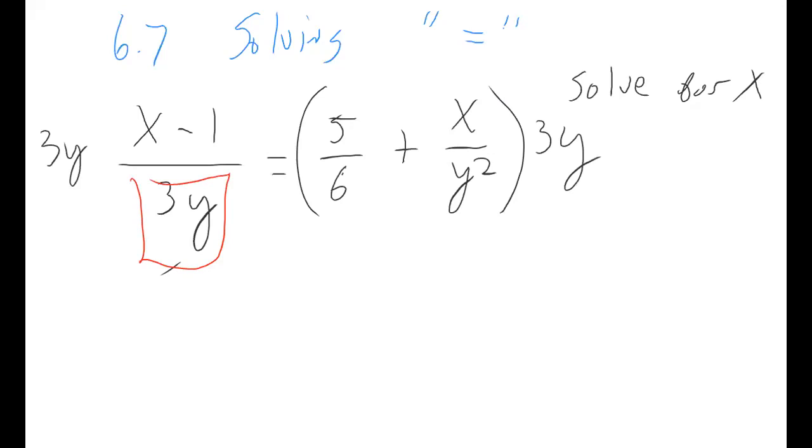So then I get x minus 1 equals, and then if I distribute through, so I want to get rid of these parentheses so I can move that last x, I get 15y over 6 plus 3xy all over y squared.